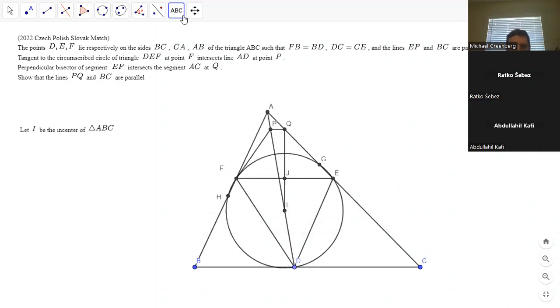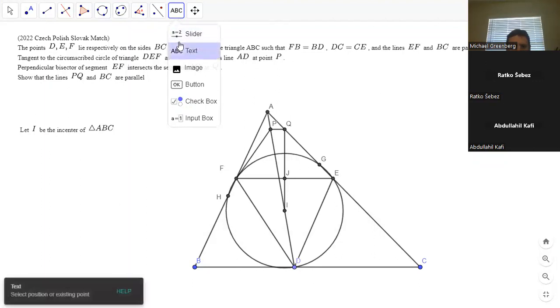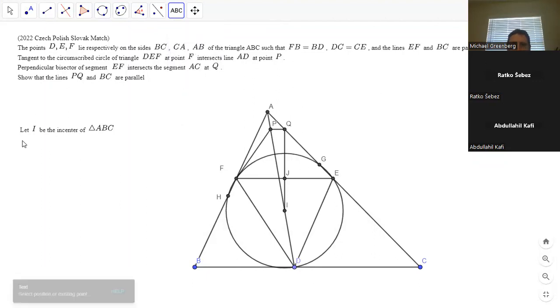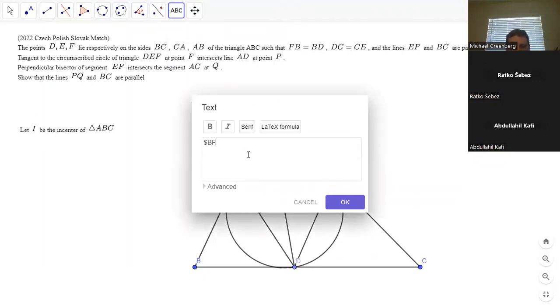And then we have BD equals BF and CE equals CD, which means I is the circumcenter of BF. So BF equals BB, CD equals CE, implies I is the circumcenter of BF.